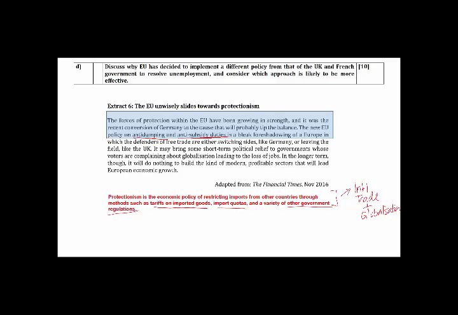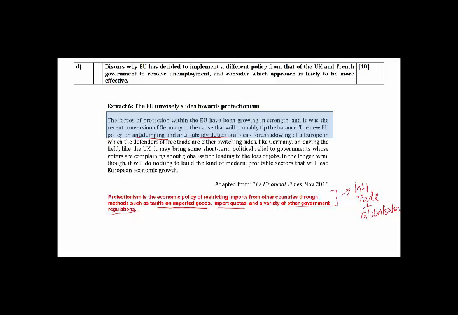So how does this then help to resolve unemployment? This is a trade policy. I believe you have heard about US, China, and their trade tensions. So let's say US imposes trade tariffs on China, so on Chinese exports to US.